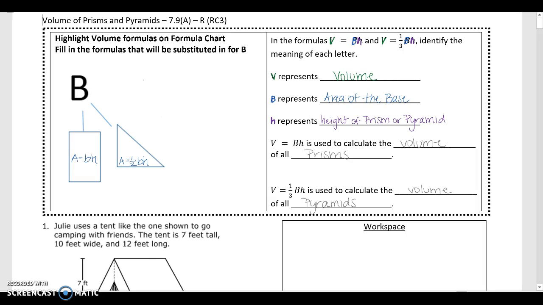Okay, so remember, a prism has a set of two parallel bases, right? So you either have, let me draw some examples. So prisms, you either have a rectangular prism, right, which looks like a box. Okay, that's a rectangular prism, and you're going to have a rectangle as your base. Or you have a triangular prism, right?